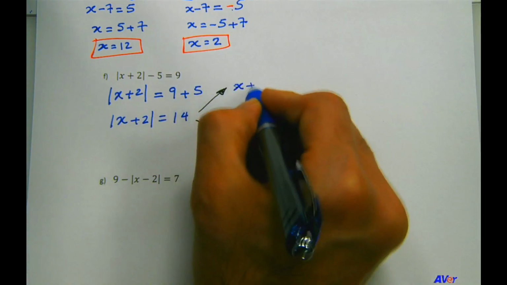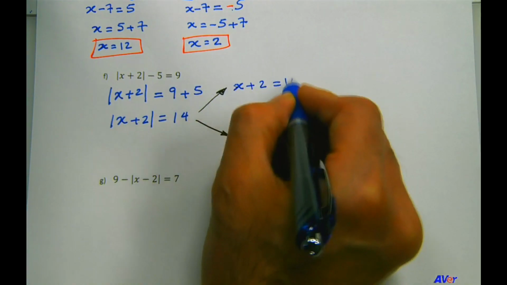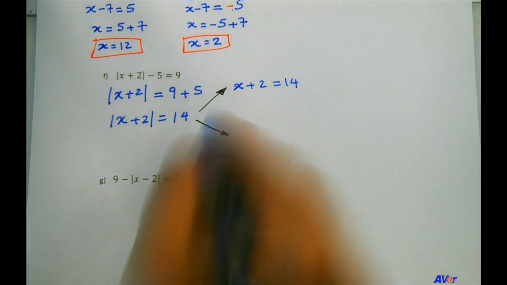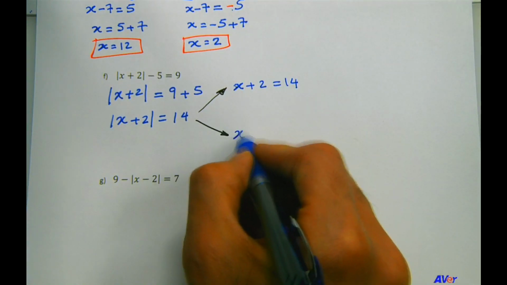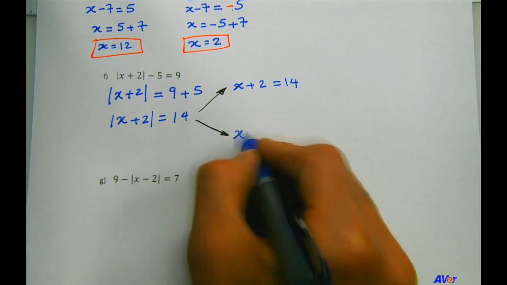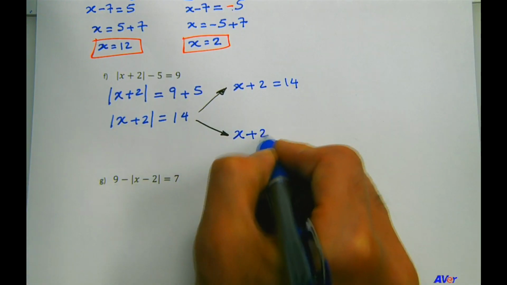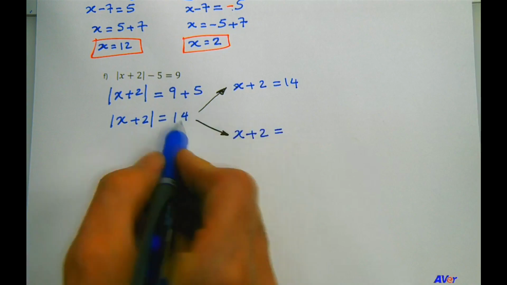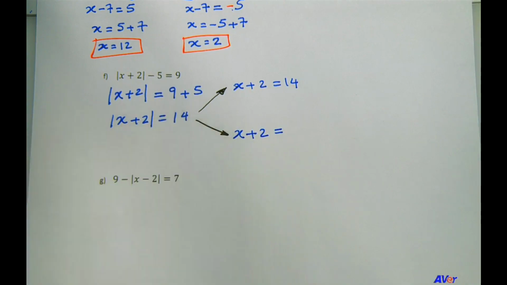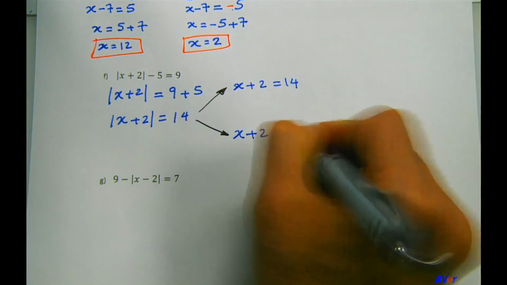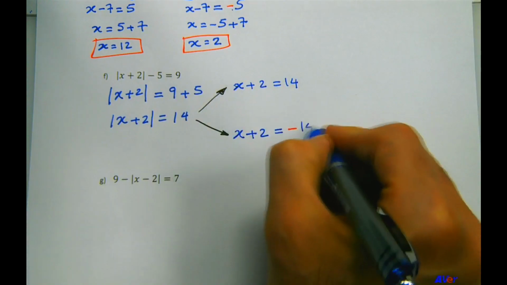So x plus 2 equals 14. The other solution path comes from rewriting the inside of the absolute value as it is, equals, multiply the other side by -1. So we get minus 14.